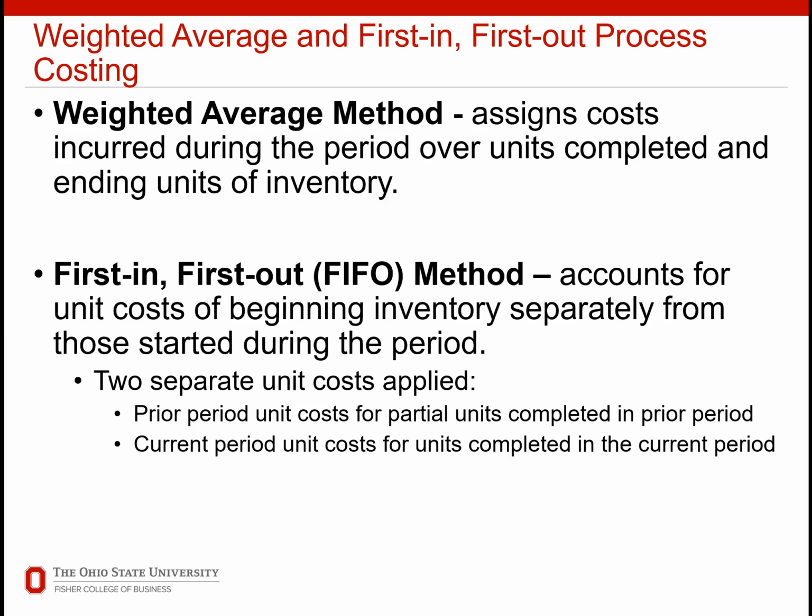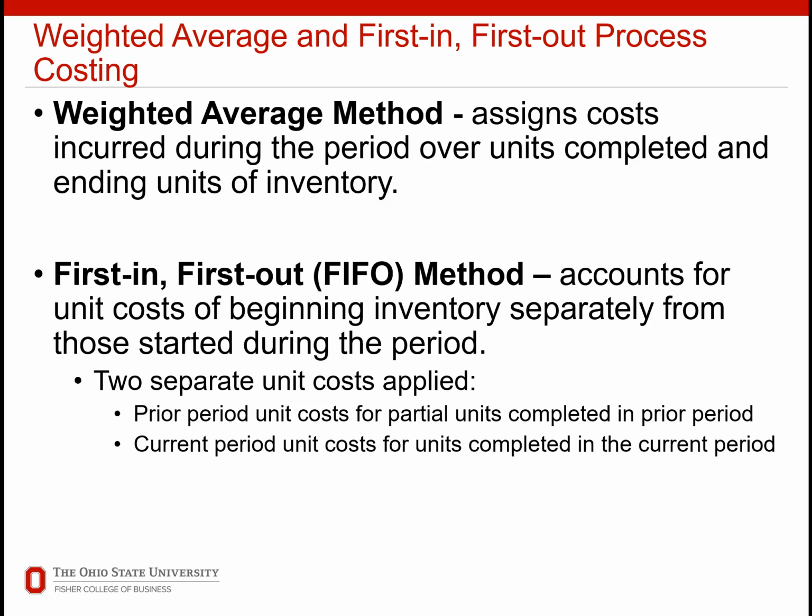Again, you can see the two different methods, and we'll primarily be covering the weighted average method. It assigns costs incurred during the period over the units completed and ending units, versus the first-in-first-out method, where you can have basically two separate costs per unit based on inventory that isn't quite complete at the start of the period. So in essence, you can think of it as computing the weighted average method for period t minus 1 and period t.